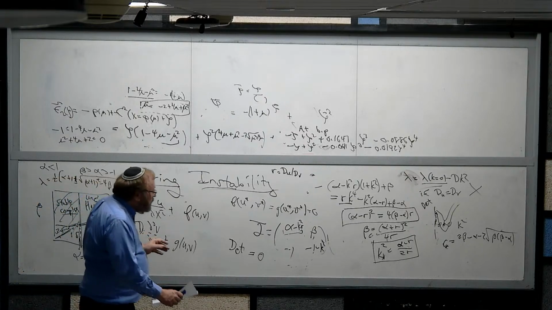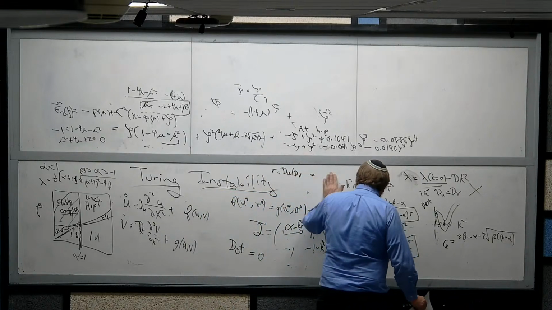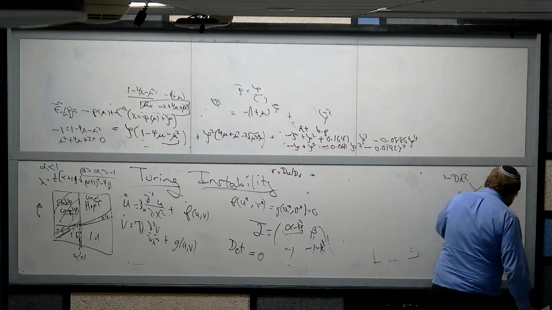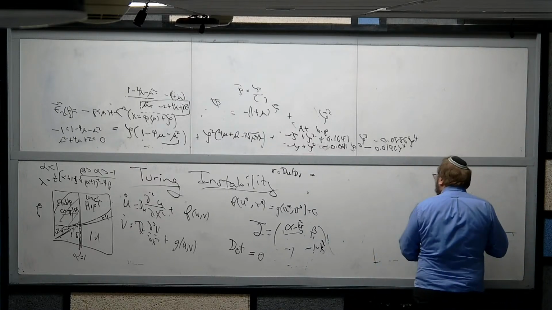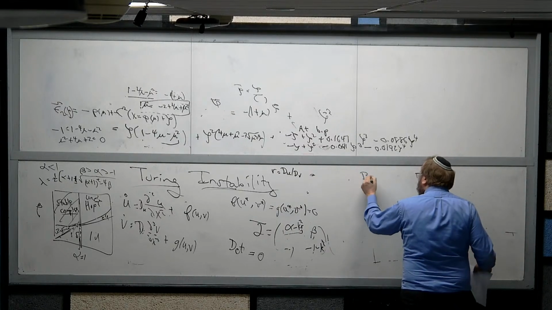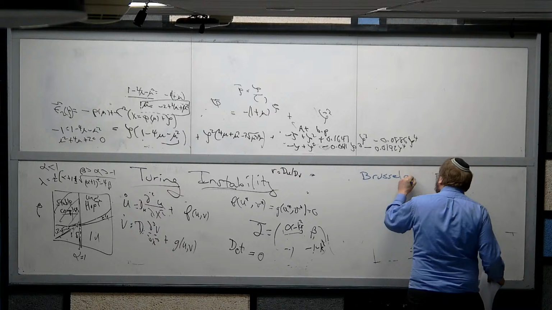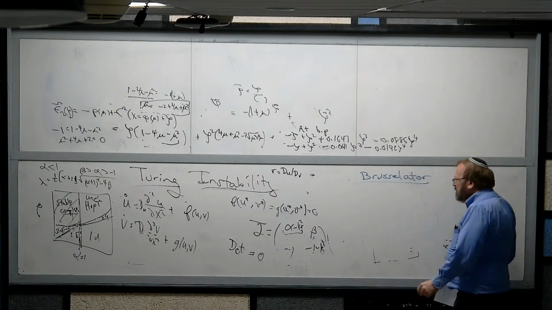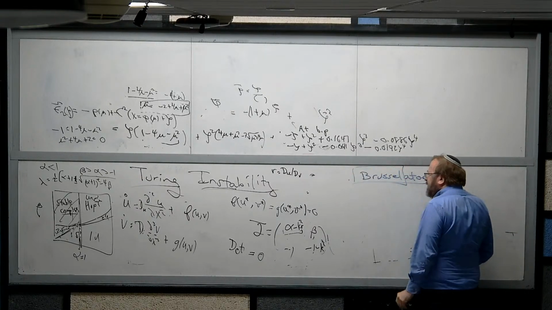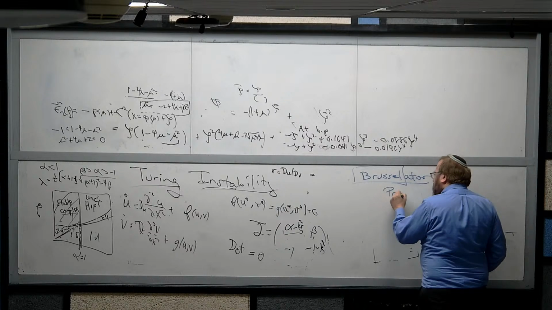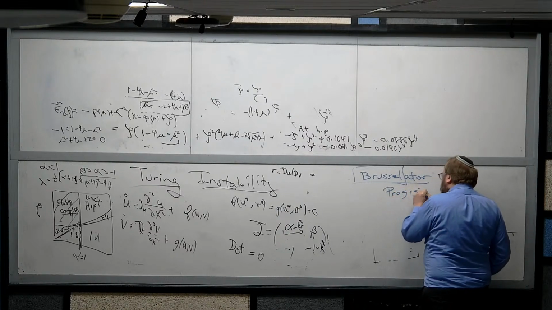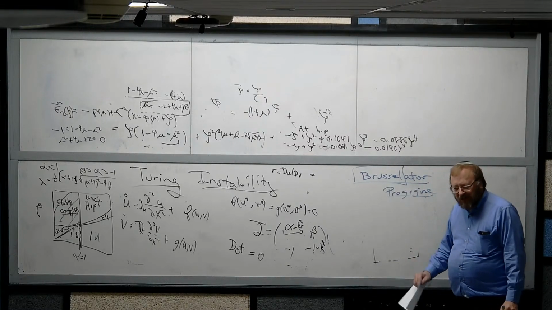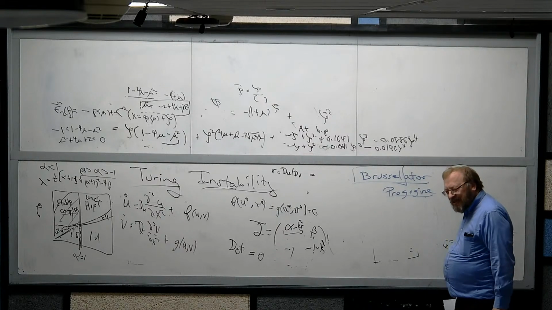The model we're going to look at that has a Turing instability for the right parameters is called the Brusselator, named because of Brussels. There was a guy in Brussels who won a Nobel Prize called Prigogine, and his group wrote down this model, so it's called the Brusselator because he was in Brussels.